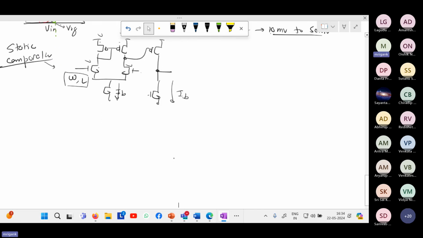There are other schemes called dynamic comparators, which are also popular. I am drawing one circuit, which is a common one. Here, there is a latching operation which happens.